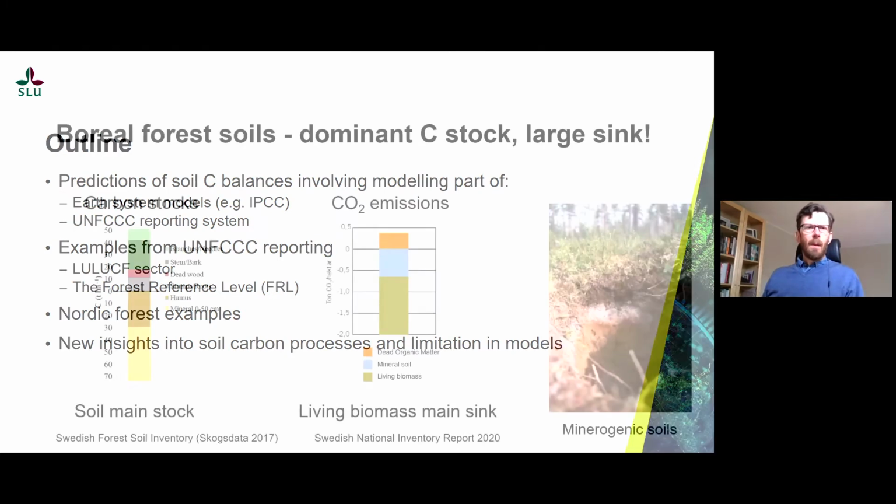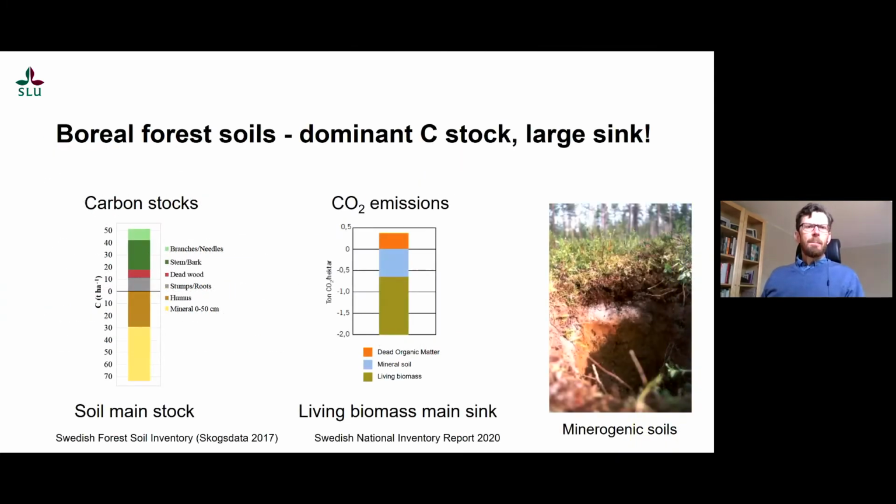When you start with the boreal forest soils, they are a really strong and large stock of forest carbon. So it's a dominant stock, and also a very large sink.